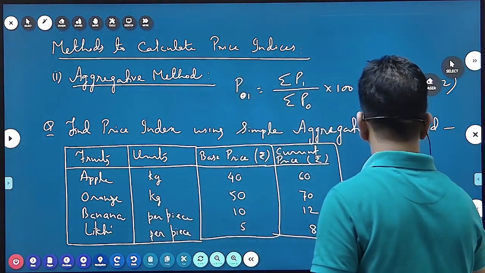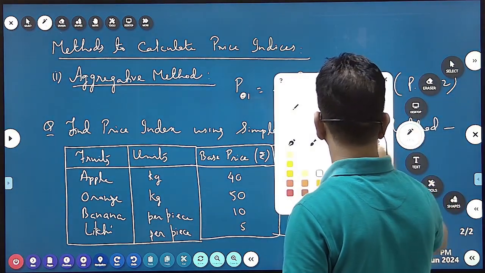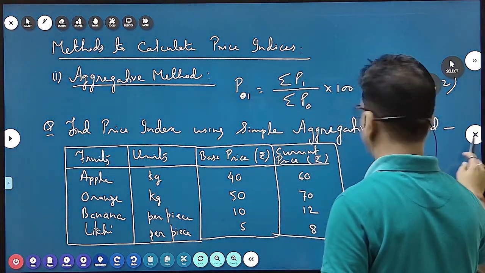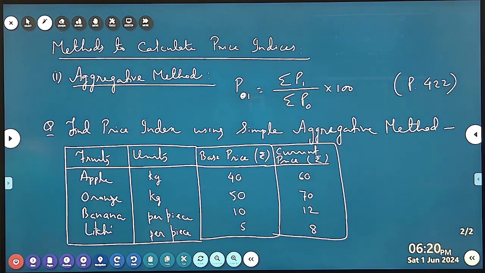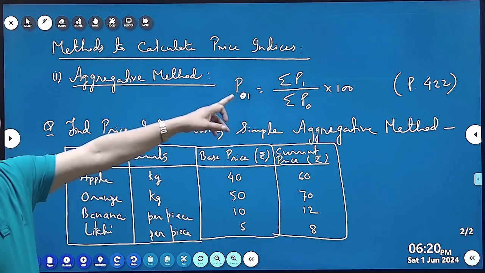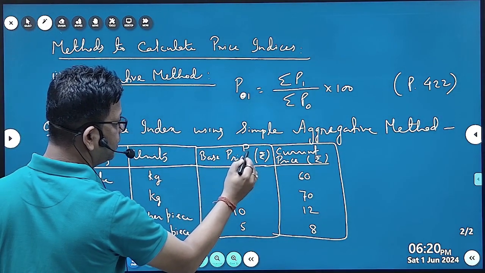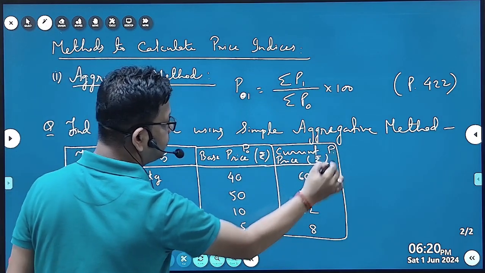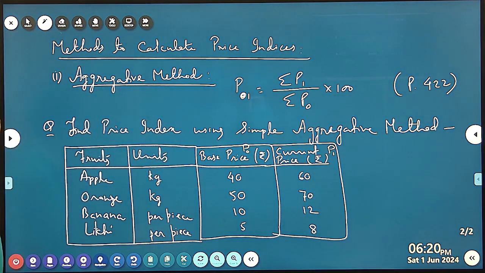Now, the question is, we are asked to calculate the price indices for this. Is it all right? So what you need to do here is simply add the summation of P1. Let me write it. So base price, as you know, we take it as P naught, and this current price P1, and the formula itself says, I always say statistics formula is the most important one.